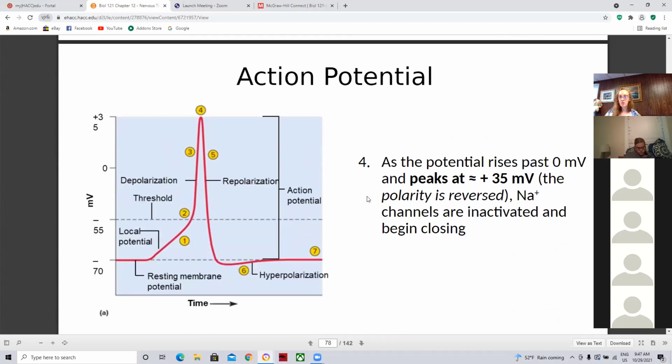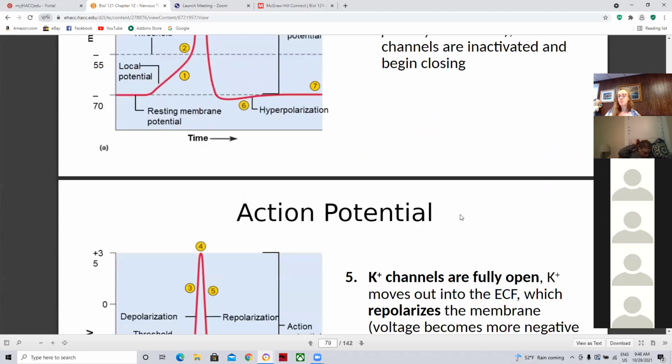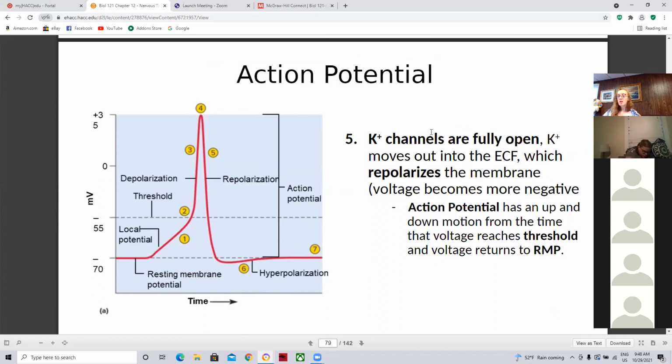As the potential peaks at about plus 35 millivolts, so the polarity has reversed, the sodium channels are inactivated at this voltage and they start to close. At this point, the sodium channels are closing, but the potassium channels are fully open. So potassium starts leaving the cell, causing the inside of the cell to become more negative again.